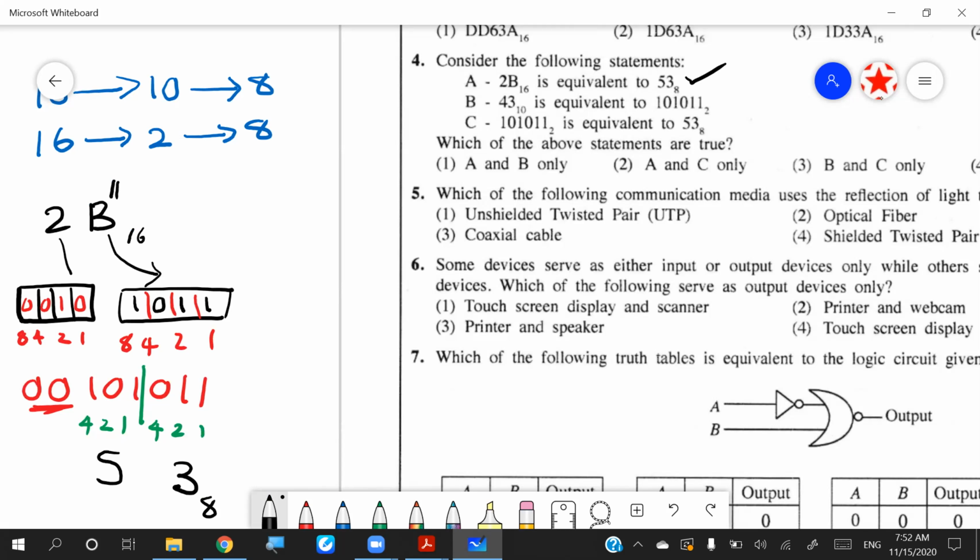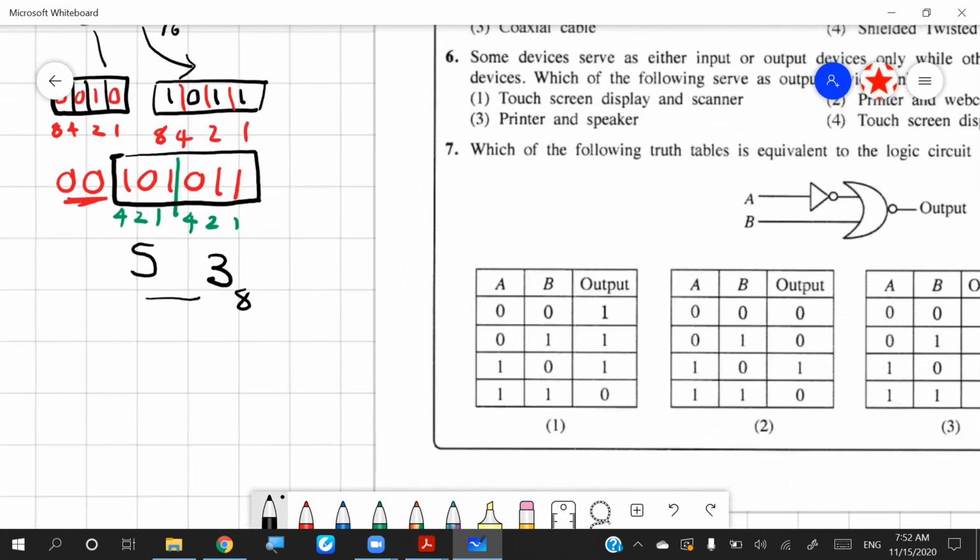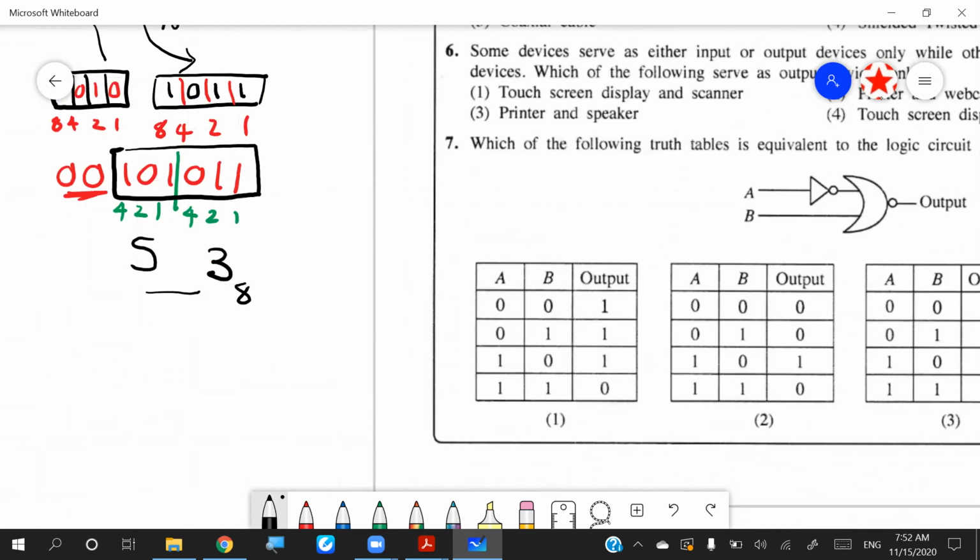As well as the third one, because this particular thing is the one which is stated here, right? It is giving you the 53 in octal, which is correct. And if I convert this binary number into decimal quickly, 101011, the place values are 1, 2, 4, 8, 16 and 32.